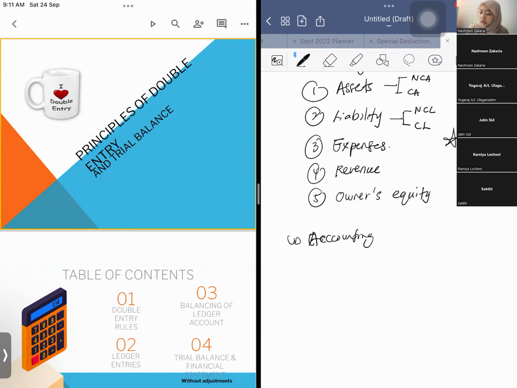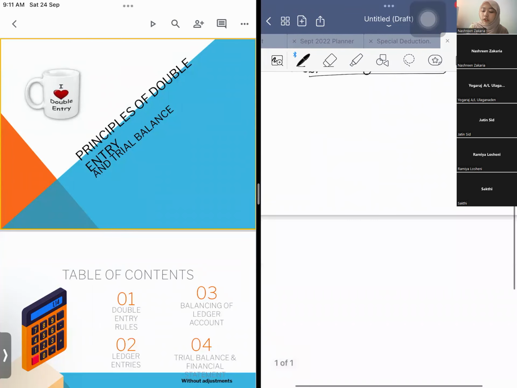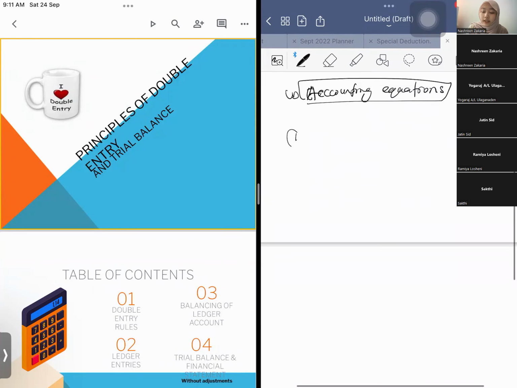Accounting equation can be divided into 3. The first one, who remembers what is the first accounting equation? Is it the basic accounting equation? Yes, correct.